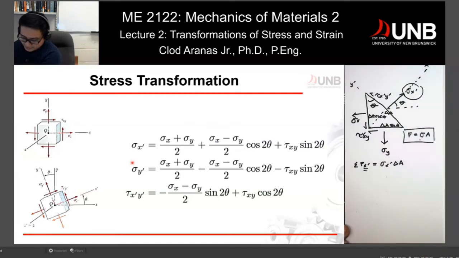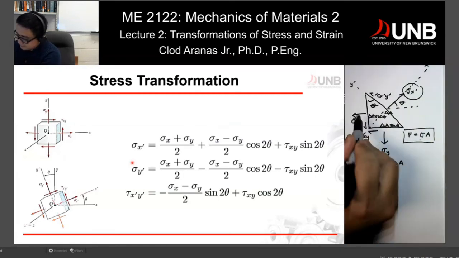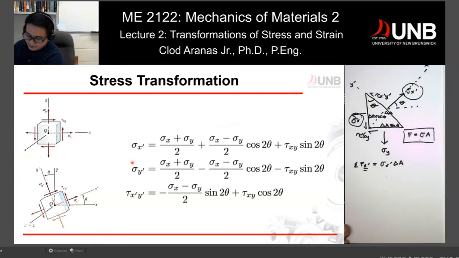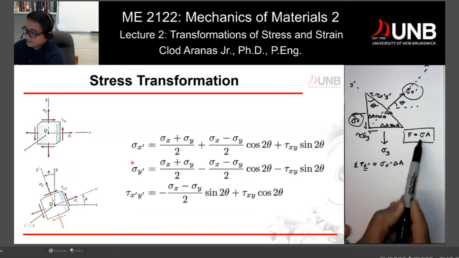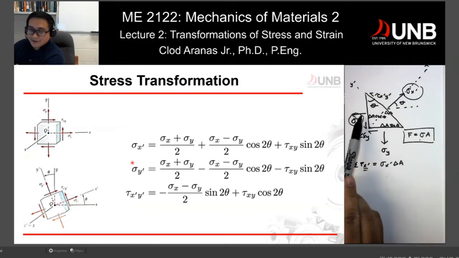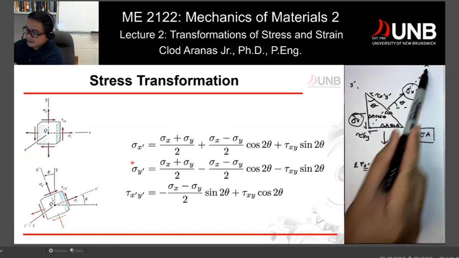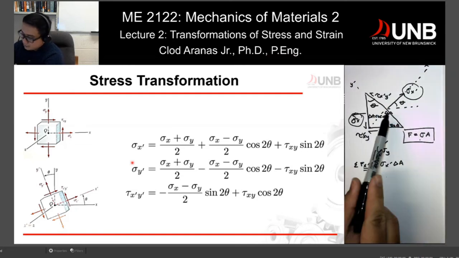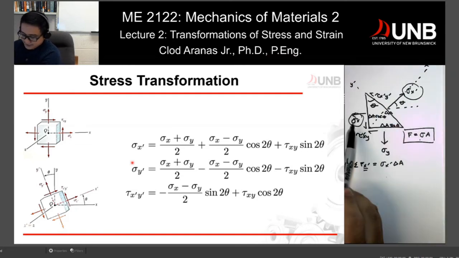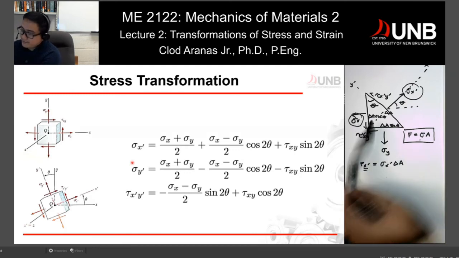Now, the next thing is let's look at this sigma x. Again, sigma x, and then you have to multiply it by its area, but we have to orient it to our new axis, x prime. This sigma x is pointing to the negative side of this axis.